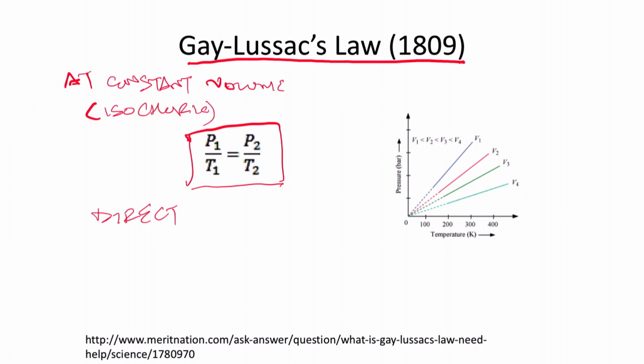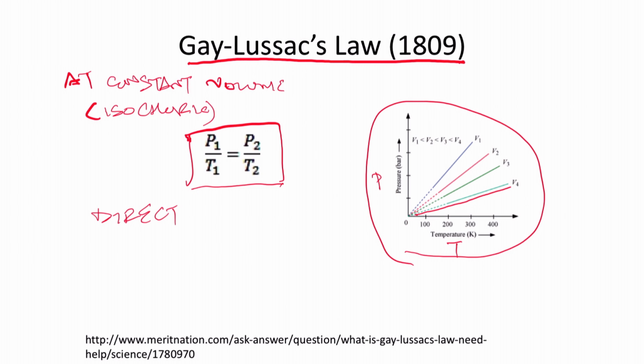And you can see the graph here on the right side showing the direct relationship between pressure on my y-axis and temperature on my x-axis. Each of these lines is a straight line at a different volume. You can see how as the volume gets bigger from V1 to V2 to V3 to V4, the slope changes. They get closer and closer to the x-axis.